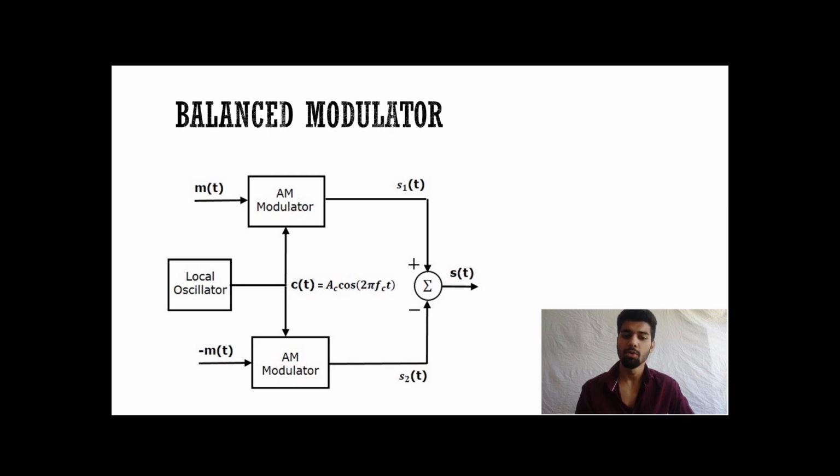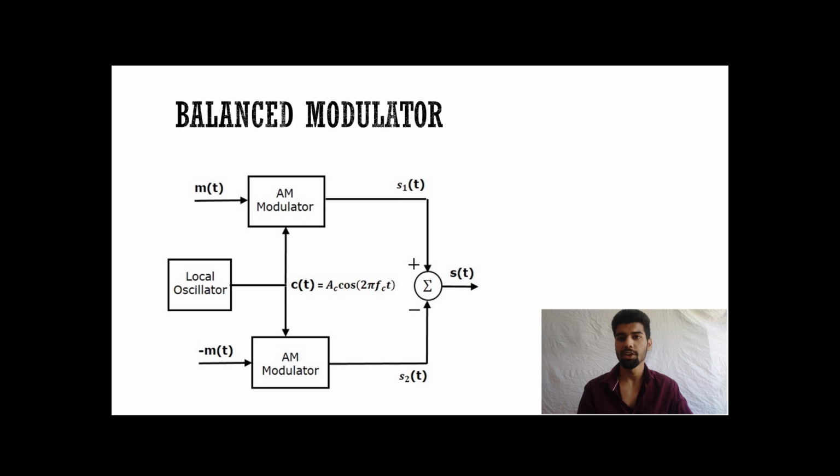The upper AM modulator generates an output that we will call S1(t), and the second one will generate what we will call S2(t). These both currents S1 and S2 are in opposite direction and of the same amplitude, so magnitude.